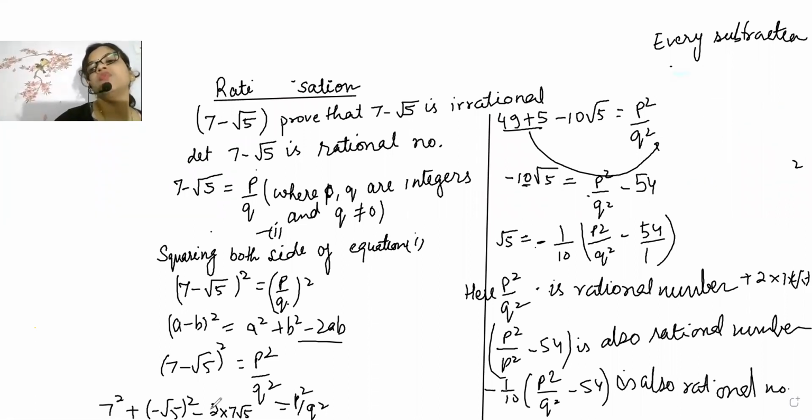After writing, what we have done is shift everything to one side and then we said that this side is rational.